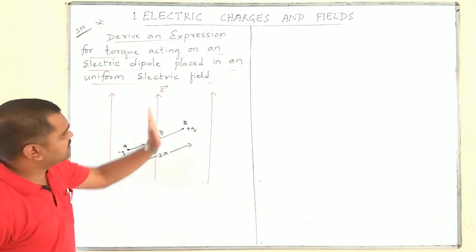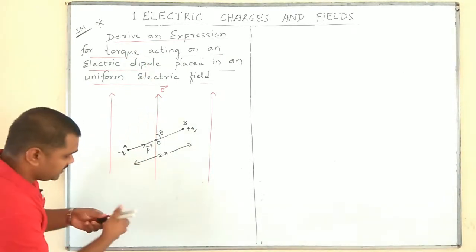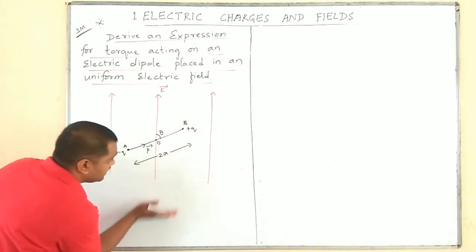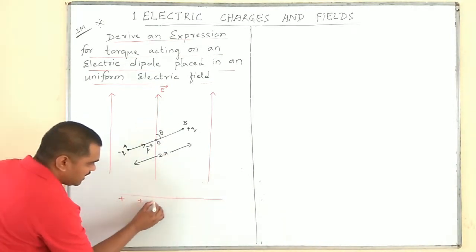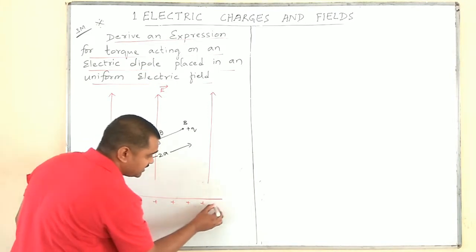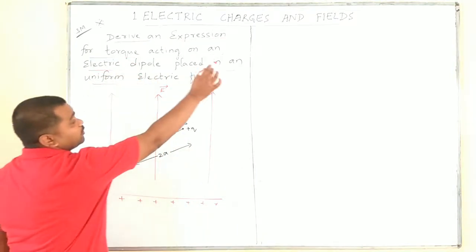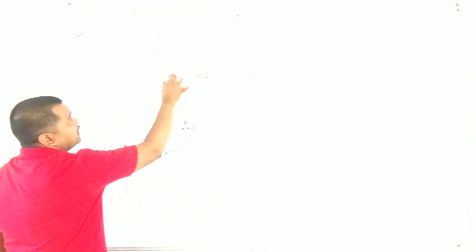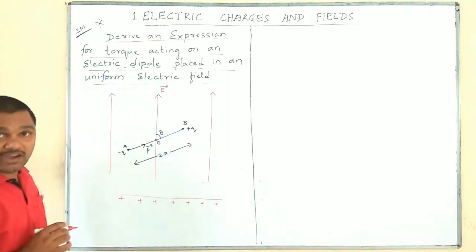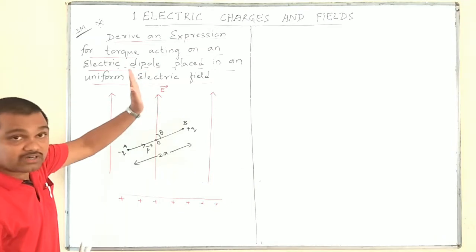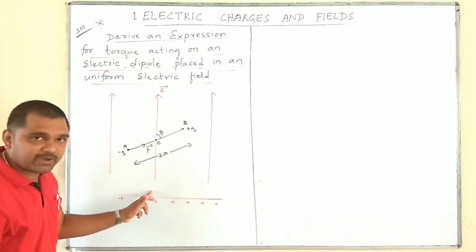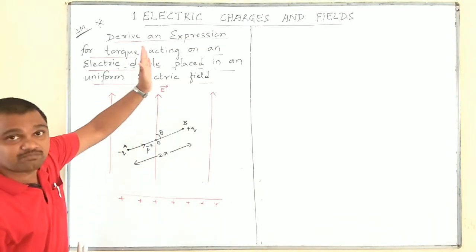Actually, these electric field lines are coming from an imaginary positive plate and moving towards an imaginary negative plate. So these electric field lines are moving upwards, starting from positive charge and going towards negative charge.